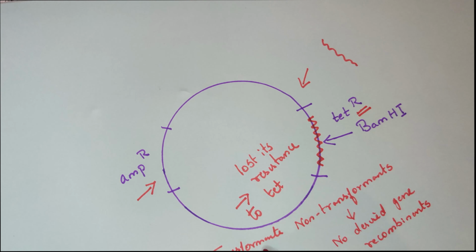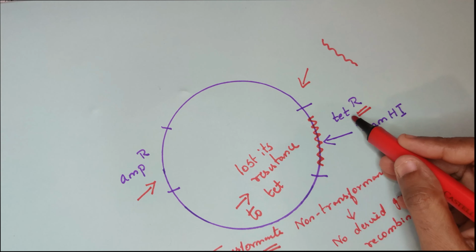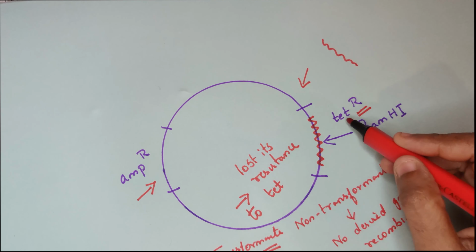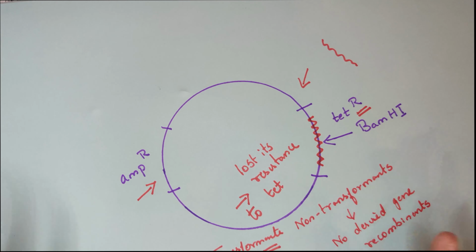But transformants would have taken up the desired gene, thereby they would have lost the tetracycline resistance, and if you add tetracycline antibiotic, those bacteria will die. So this is the concept.